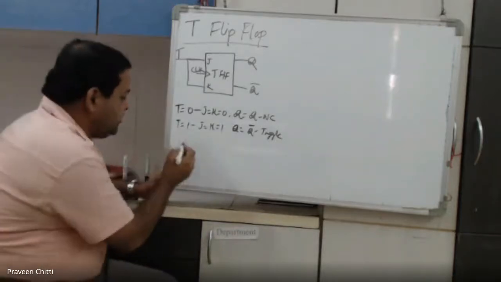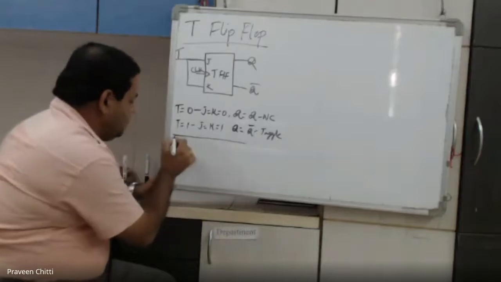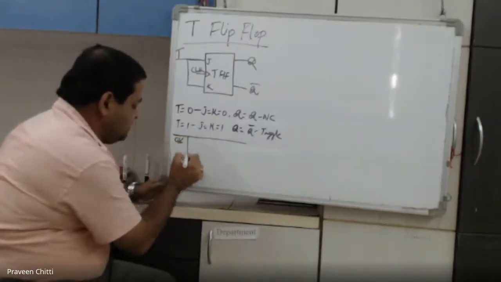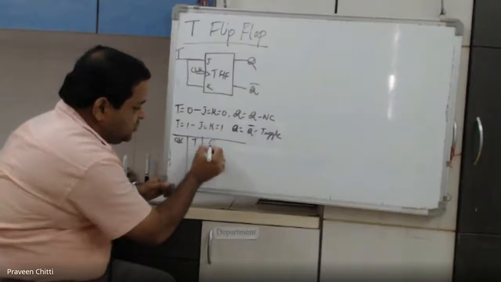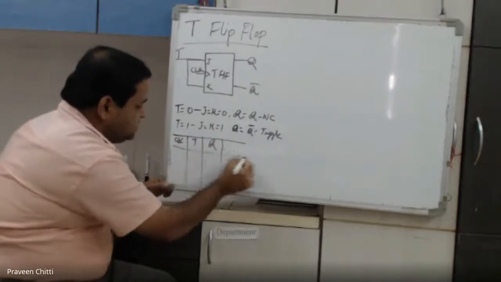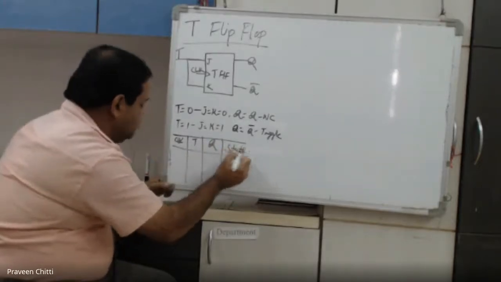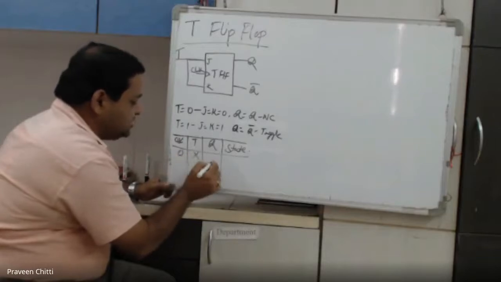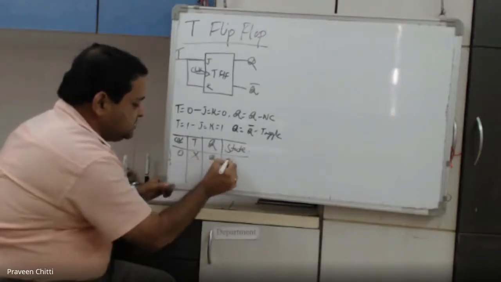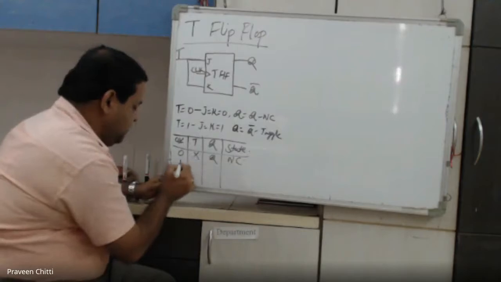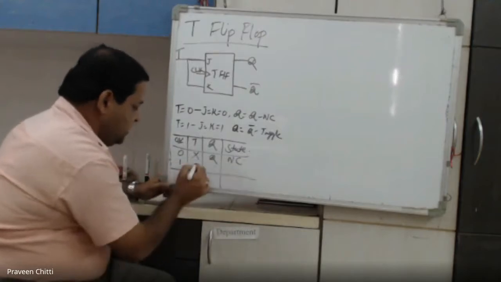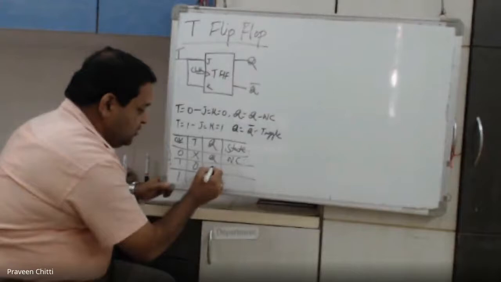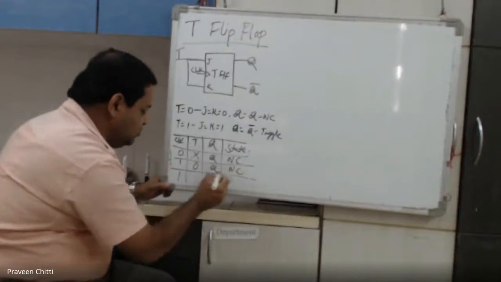So the truth table, you can write the same thing here. I can write a clock, then I can write T input, Q output, and the state. So when clock is 0, irrespective of T, Q remains Q, no change. When clock is applied and if T is 0, Q remains Q, that is no change.